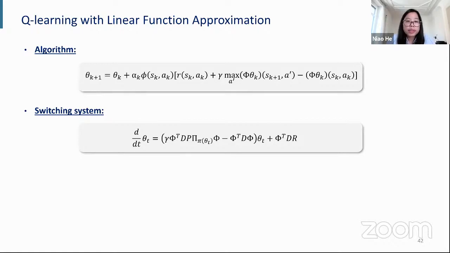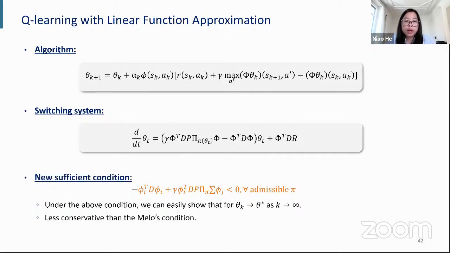So here we're showing that if you actually use this ODE analysis, and if you look at the upper comparison system and lower comparison system, you can actually easily, from the theorem we provide for switching systems, cook up some sufficient and necessary condition for guaranteeing the asymptotic stability.